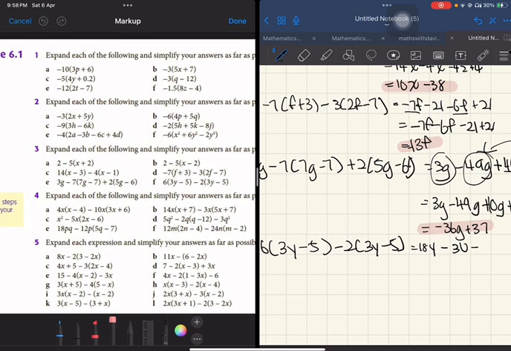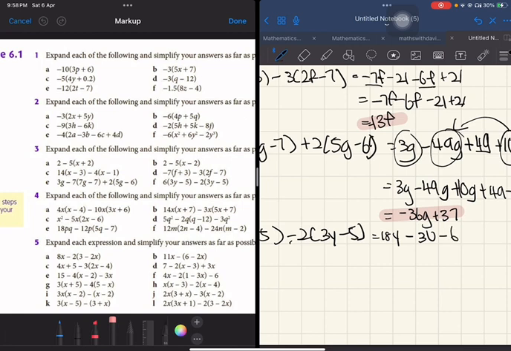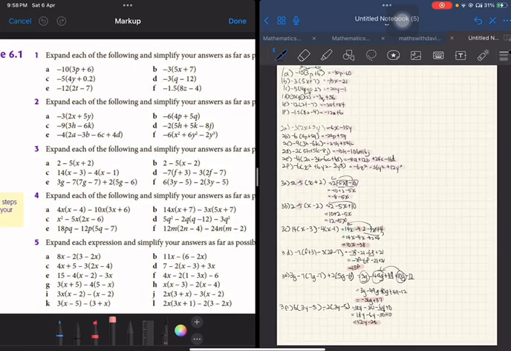Then negative 2 times 3y, you're going to get negative 6y, and negative 2 times negative 5 is positive 10. Then these are together, so it will become something like this. Final answer, yeah, okay. The same method for everything. Now let's move on to question 4.